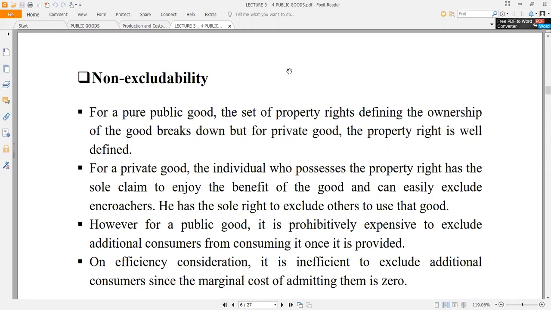But for public goods, there is no right like that. The thing is for common benefit, so no one has the power to take dominion over that good. So if you cannot have dominion over the good, then you cannot prevent people from consuming it.